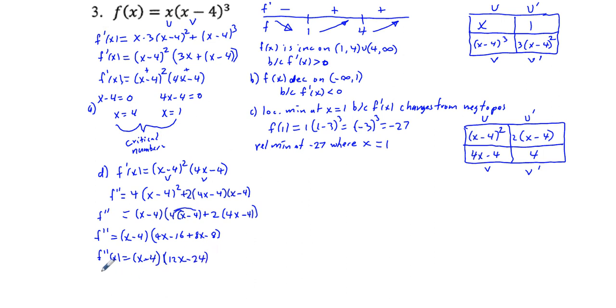So the potential points of inflection are going to be where, using the zero factor property, we set 0 equal to x minus 4. So x equals 4 is a potential point of inflection. And then also we set 0 equal to 12x minus 24, and I'm going to factor this out: 12 times quantity x minus 2. So we can also have x equals 2. These are called our possible points of inflection, which I abbreviate PPOI.